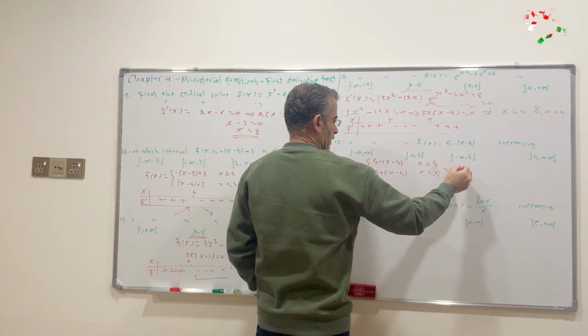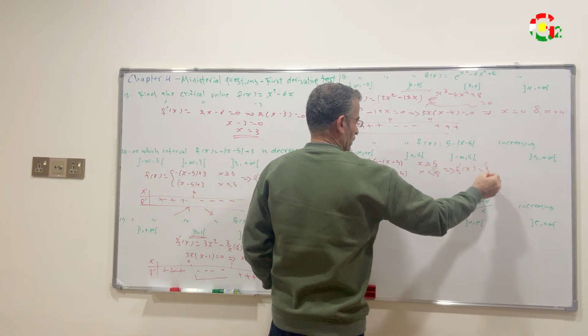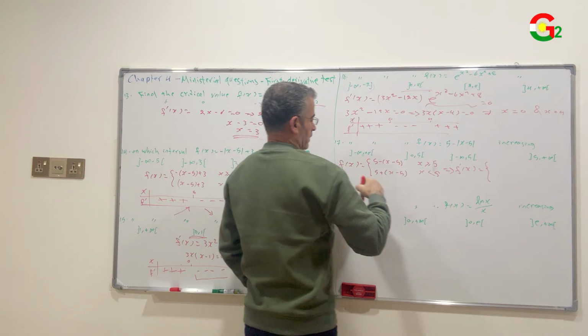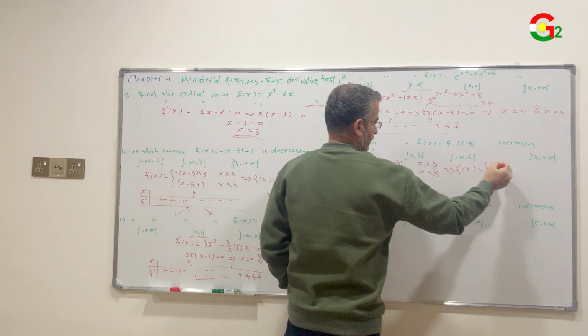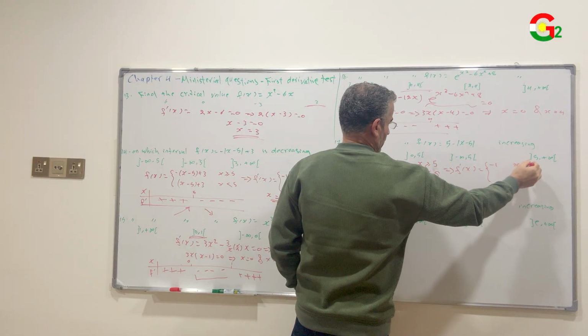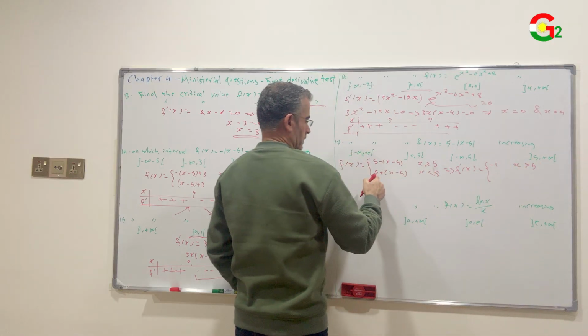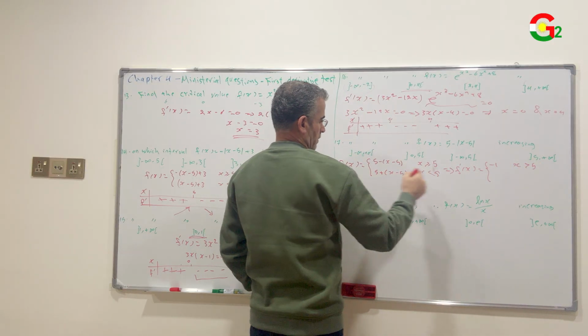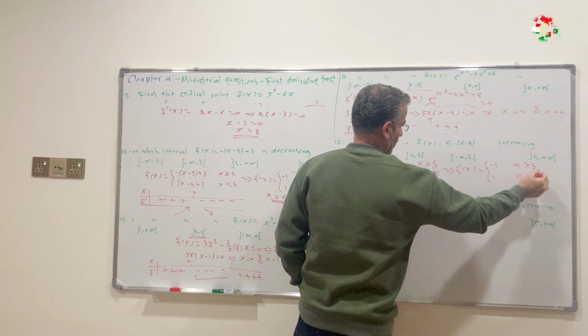Differentiate this function: f prime of x equal to negative 1 when x is greater than 5 and 1 when x is less than 5.